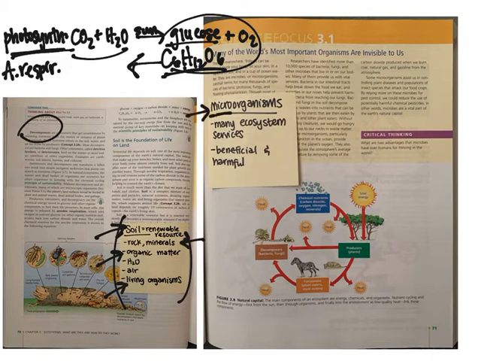So microorganisms, teeny tiny organisms that are too tiny to see by our naked eye, play a huge role in ecosystems and provide many ecosystem services. So know that microorganisms, there are good or beneficial forms of microorganisms. If you think of bacteria, so your digestive system is lined with bacteria.